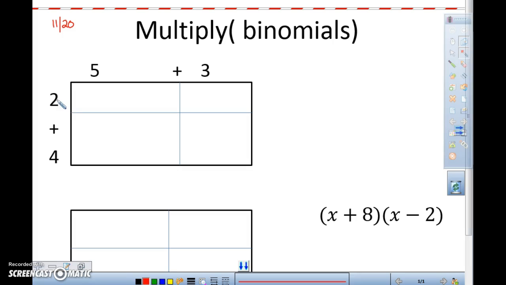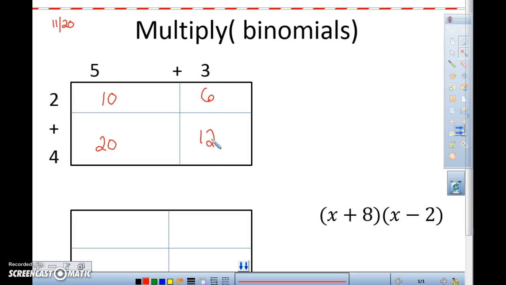So if we have 2 times 5, we're looking for the area of the box, which is going to be length, so 5 times the width, 2, so we get 10. 2 times 3 would be 6 for the area of our box here. 4 times 5 is 20. 4 times 3 is 12.